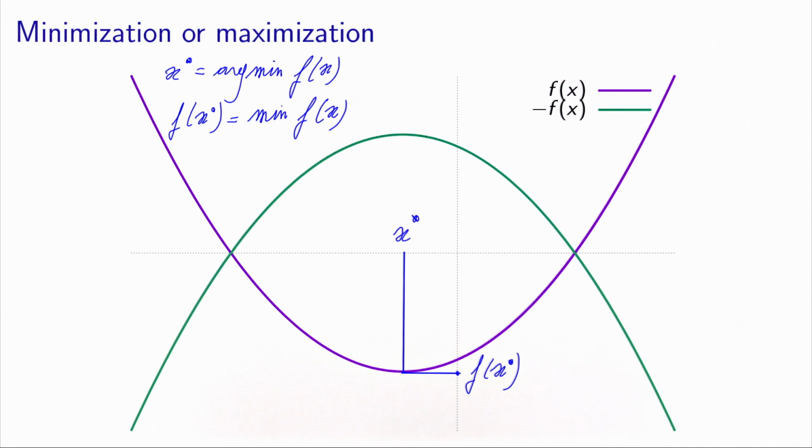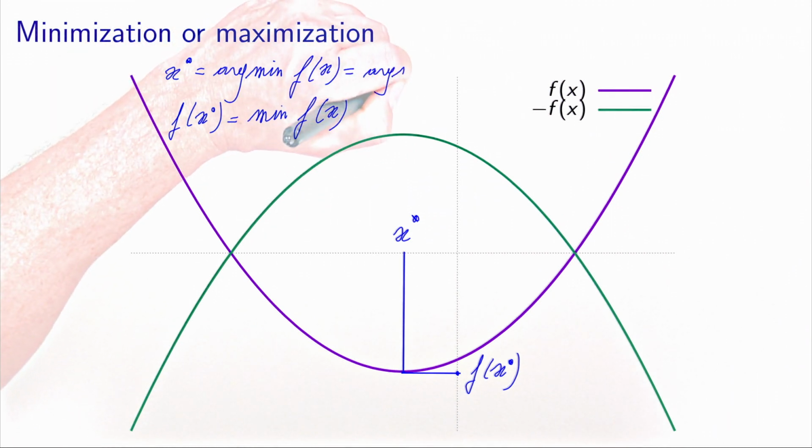Now, if I want to look at it from a maximization point of view, what I need to do is to change the sign of the function. So I will look at the function minus f of x. So this is the function which is plotted here. It's minus f of x. And now I will maximize it. And what we will obtain is that the solution, the x star, is exactly the same.